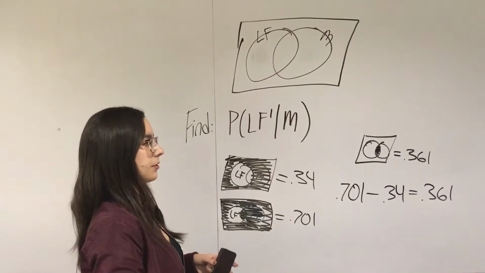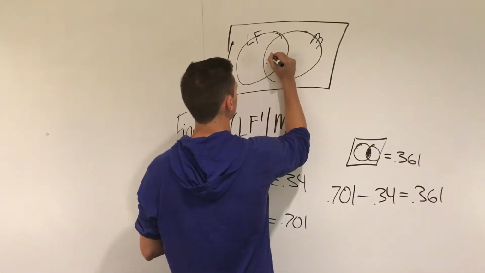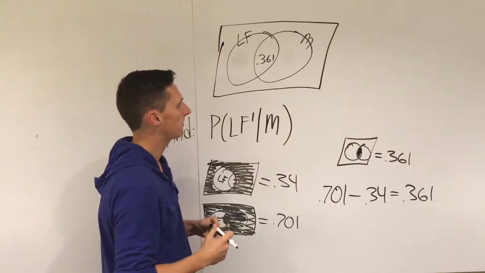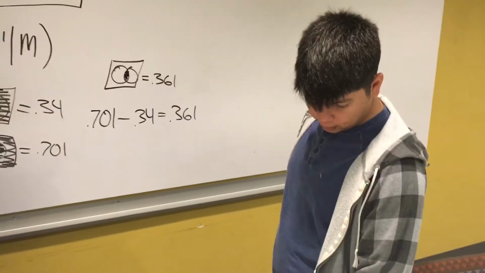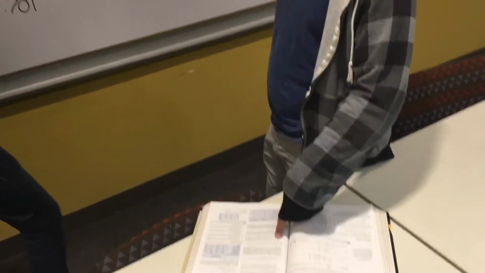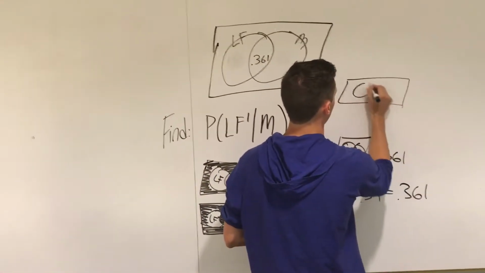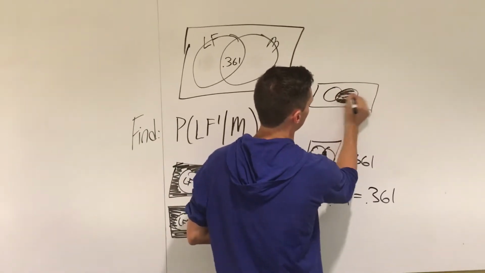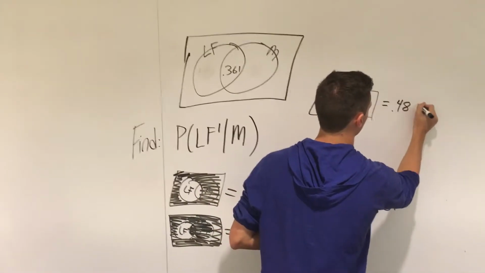Does someone else want to take it from here? Yeah, I can take it. So we can go ahead and fill that in already. Do we have any other information, Judson? We have 48.5% of the population was male. Okay. So given that information, we can figure out the other part, because they're telling us that all of this is equal to 0.485.